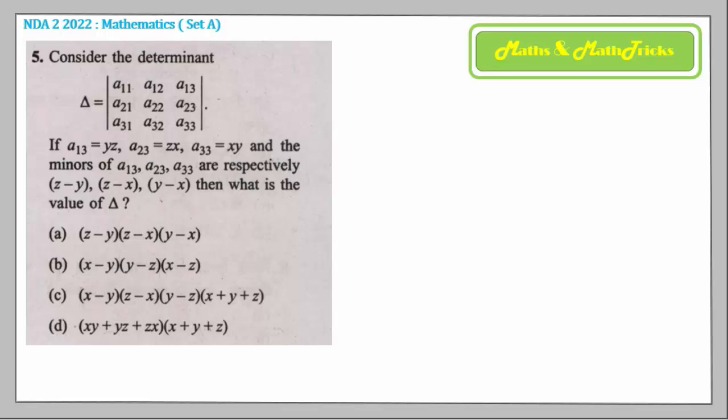Consider the determinant delta equals A11, A12, A13, which is a general 3 by 3 matrix they have given. And they gave you A13 entry is YZ, A23 is ZX, A33 is XY. They also have given you minors of A13, A23, A33. So you know when minors are known, their corresponding cofactors we know by the formula Aij equals minus 1 to the power i plus j Mij.